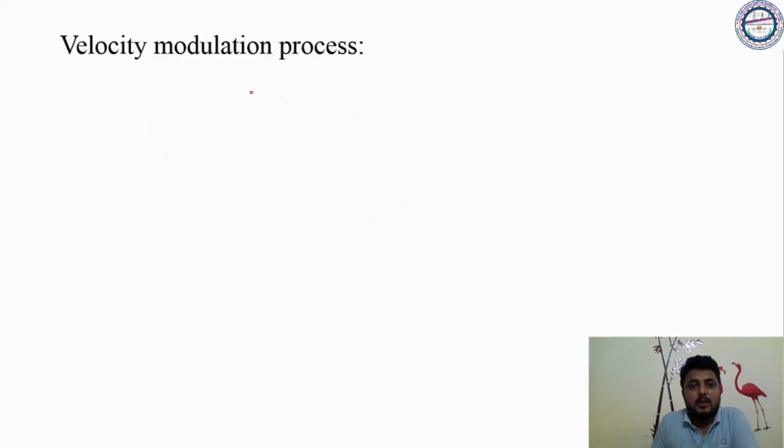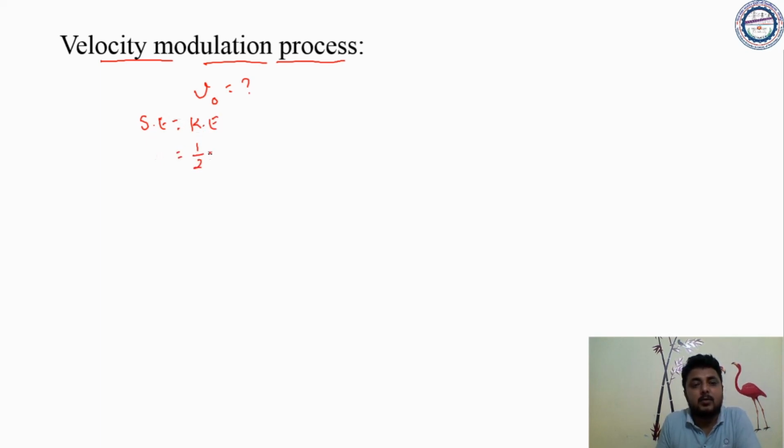Now next we have the velocity modulation process. To understand it, first we need to understand what the velocity V0 should be in terms of the DC voltage. At the cathode we have applied DC voltage V0. So we can see that the static energy should be equal to the kinetic energy.